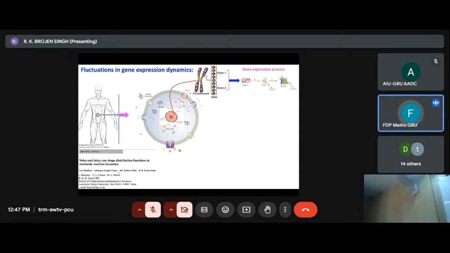It says that from the particular gene it is transferred to the RNA, and the RNA is transferred to the protein. If the protein is not misfolded, then it is fine. If it is misfolded, then we go to the other pathway.